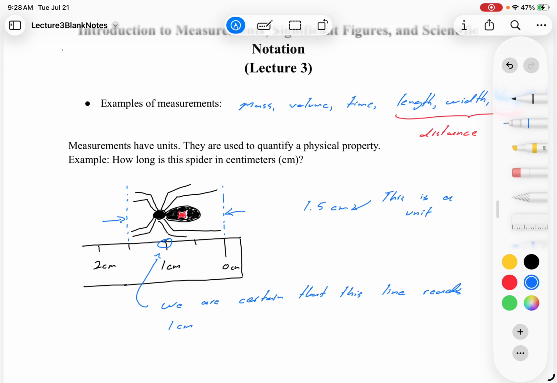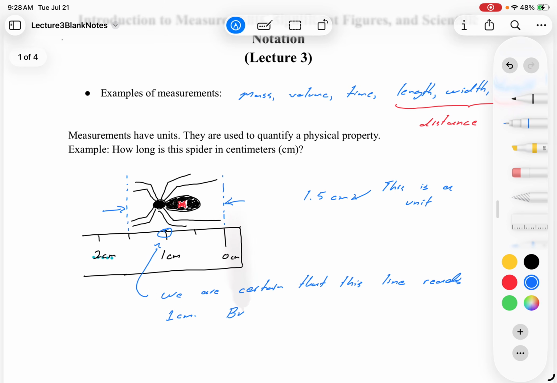That's what we're certain of, that it reads that, right? But we are allowed one more decimal place of uncertainty.